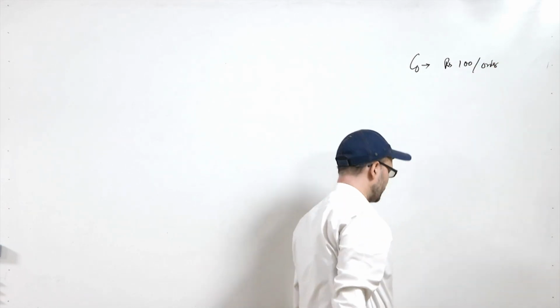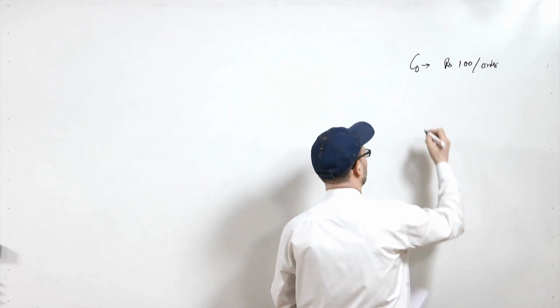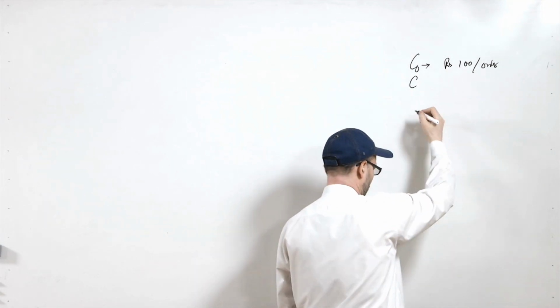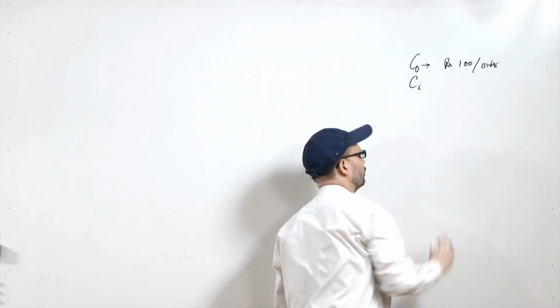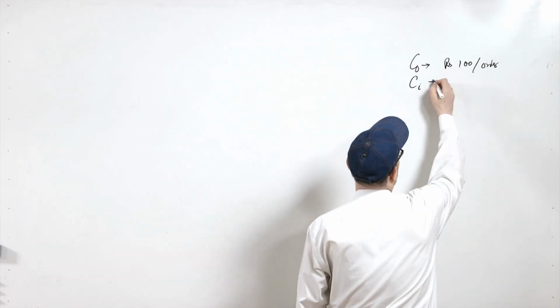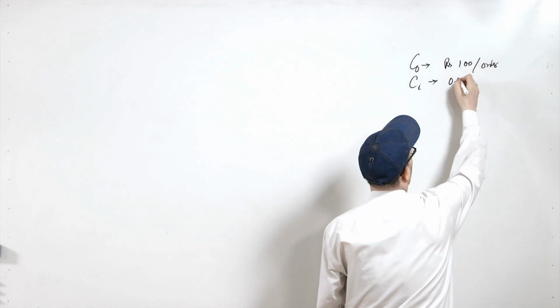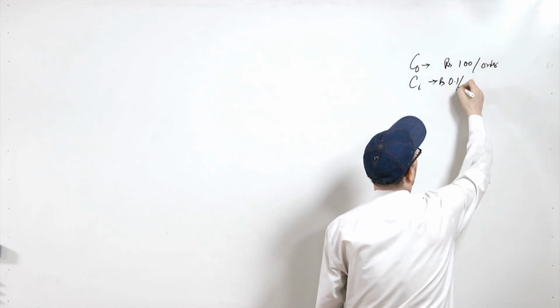Similarly, you have the cost of holding stock, that is the cost of holding an item. That is CI, and it is given as 0.1 per unit per day.